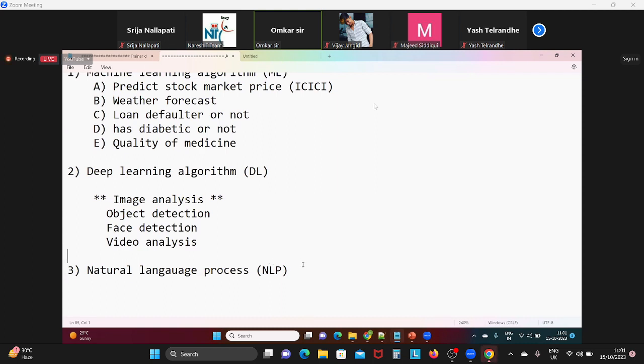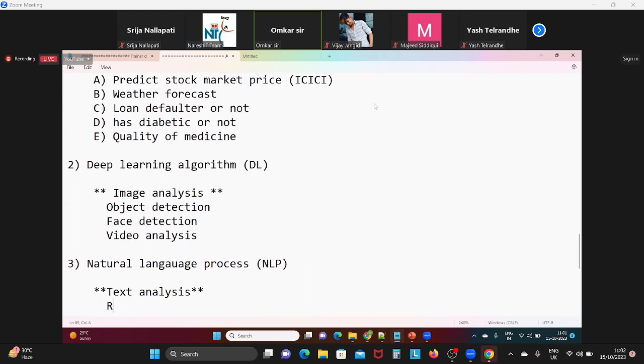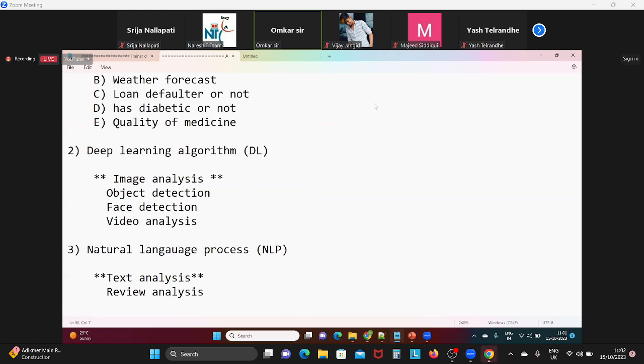And the third one is completely related to text analytics, text analysis. That includes review prediction and review analysis, where based on the statement it predicts whether it is a positive review or a negative review. As well as next word prediction.